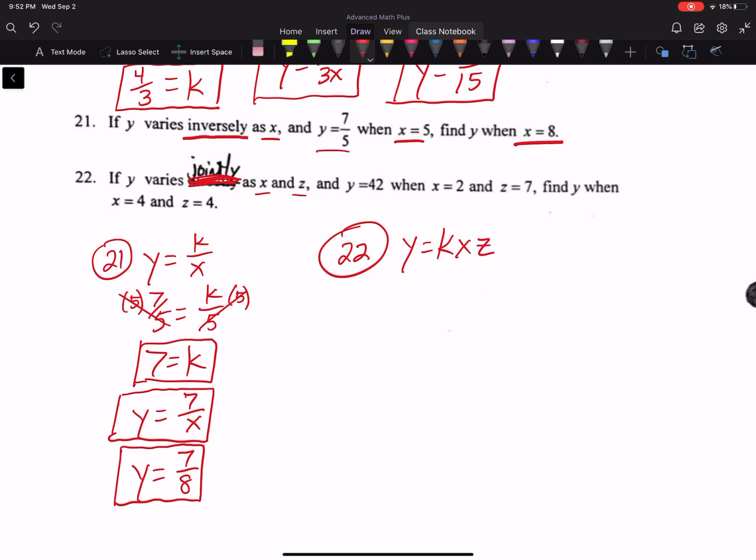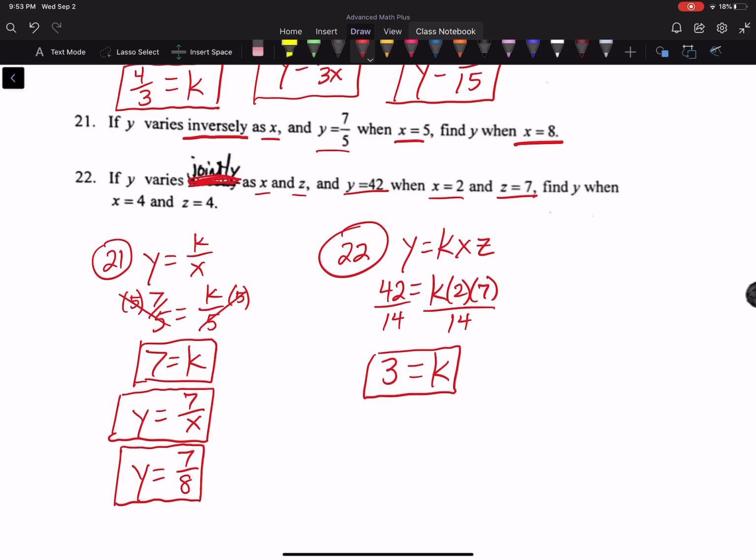Plug in your numbers, it says y is 42 equals k times x is 2, z is 7. 2 times 7 is 14, so we divide both sides by 14. So k will be 3. K is 3.